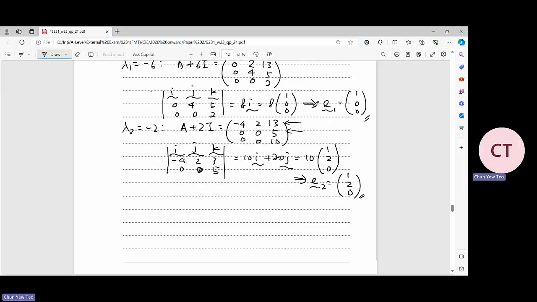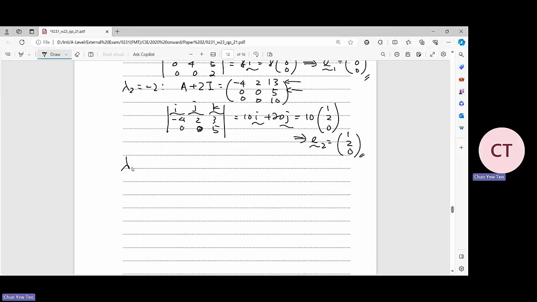Now we go for the third lambda. The third lambda is 8. So your A minus 8I will be equal to negative 14, 0, 0, 2, negative 10, 0, 13, 5, 0. Over here, we just take the first two rows. The last row, definitely we are not going to use it because the last row is all 0. So over here, we will find the cross product.